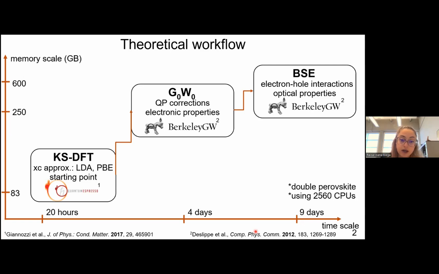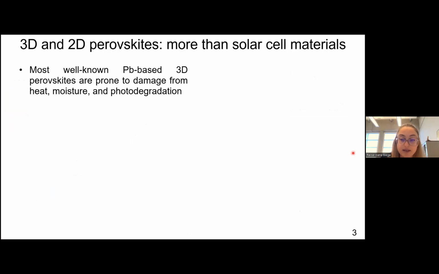So in total, if we add up everything, then a calculation to get an absorption spectrum for a material requires around 2 weeks of execution, basically on a lot of CPUs. And yes, this is basically the background of everything that I'm going to show you today.